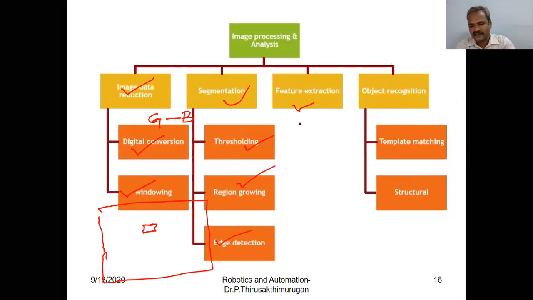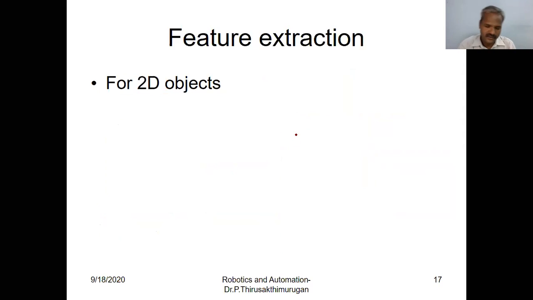Next we are going to see feature extraction. We are going to cover only 2-dimensional objects. There are some parameters available in feature extraction for a 2-dimensional object. Based on the parameters, we can collect the size, shape, area, and various properties of the object.